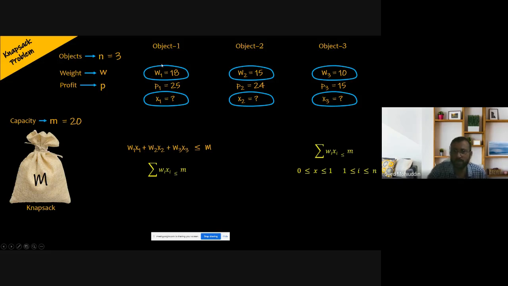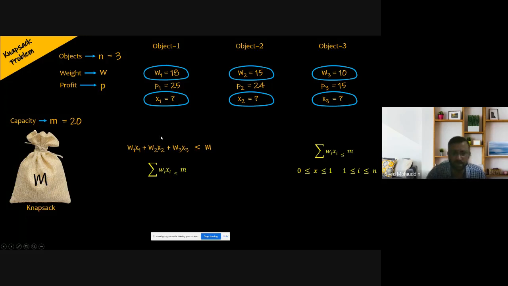So we don't fill with the whole weight; we fill the knapsack with some part of each to earn maximum profit. Fraction means part. So instead of taking 18 kgs, we can fill just 10 kgs, and instead of taking the whole 15 kgs of object 2, we can fill 5 kgs. But the ultimate objective is to earn maximum profit. So x1, x2 are nothing but fractions of the weights.